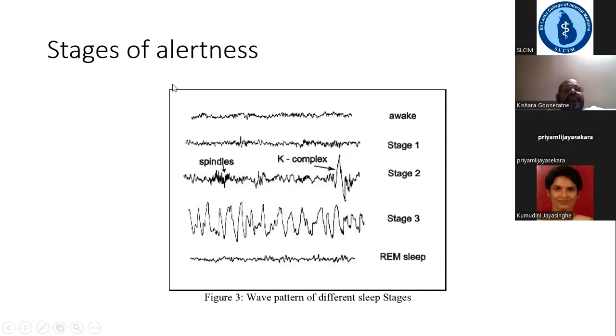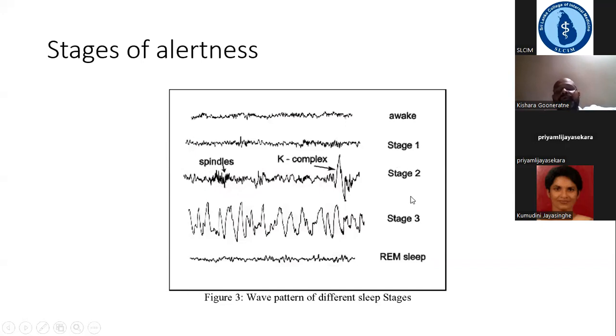And these are the various stages of sleep, starting from awake, which is a background alpha rhythm, going to stage 1, where the EEG becomes slower. There will be what we call POSTs and vertex waves found in stage 1. Then we move on to stage 2, where you will observe spindles and K complexes.